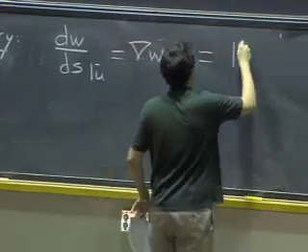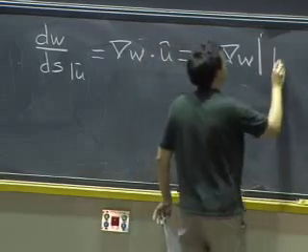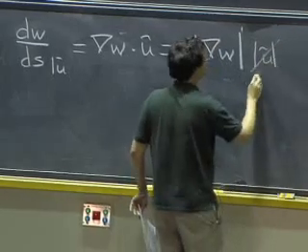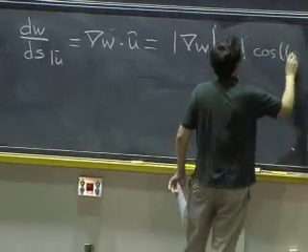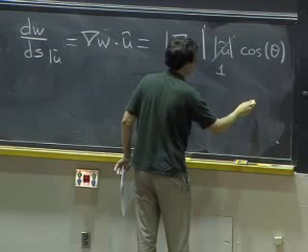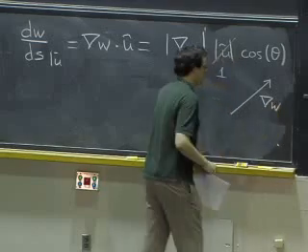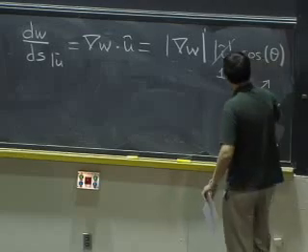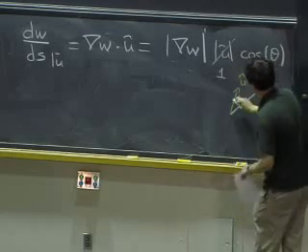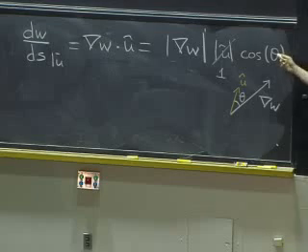That's the same as the length of gradient w times the length of u, well, that happens to be 1 because we're taking a unit vector, times the cosine of the angle between the gradient and the given unit vector u. So we have this angle theta. Okay, that's another way of saying we're taking the component of the gradient in the direction of u.